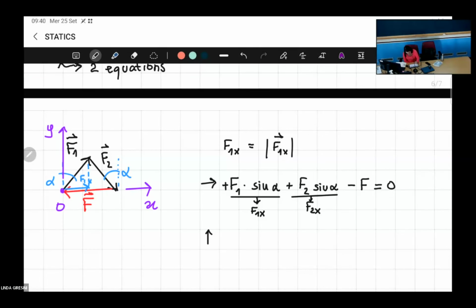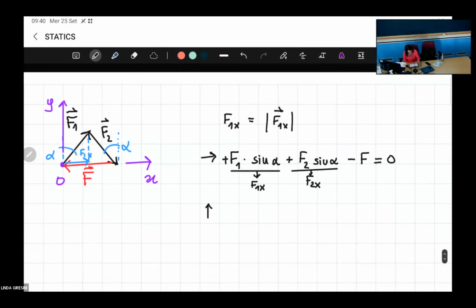The equilibrium in the vertical direction will be found with the vertical equilibrium. So we have F1 times cosine alpha, and now we have F2 cosine alpha.